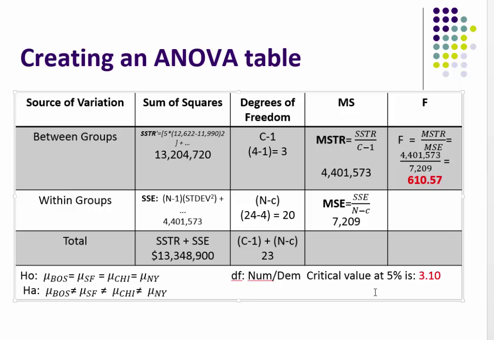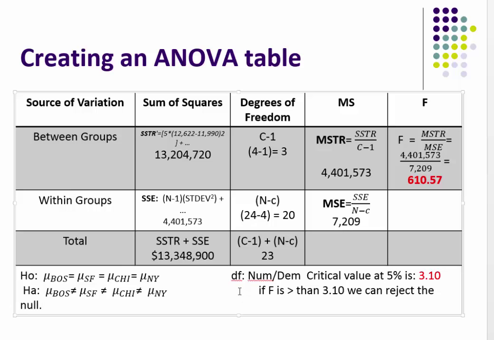So if our F test is greater than 3.10, we can reject the null. Let me just write that out. If F is greater than 3.10, we can reject the null.